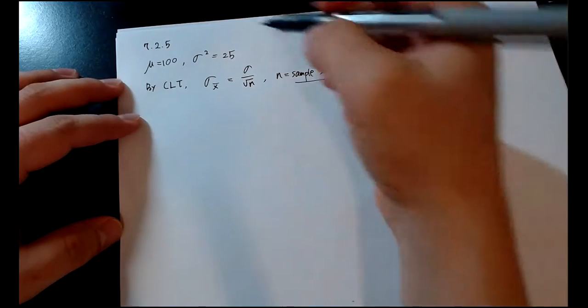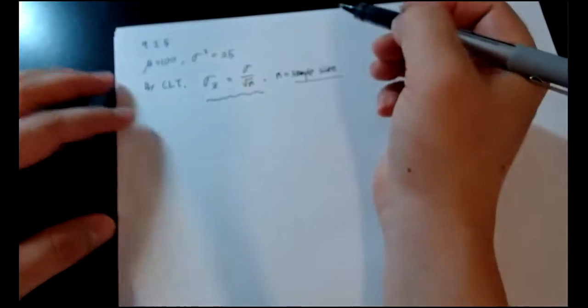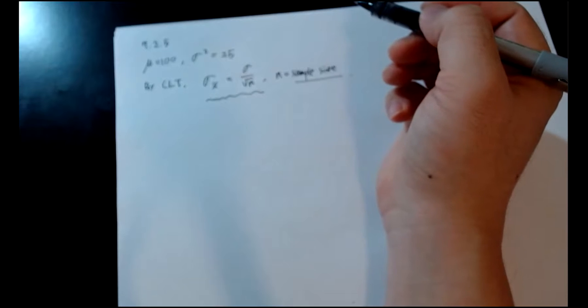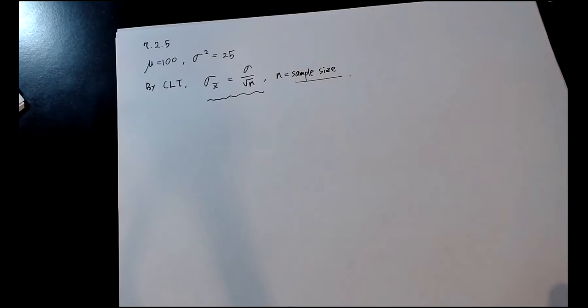Give me a second, let me change, it's so blurry. In this problem, the question is to find n, satisfying that the error of the sample mean is at most 1.5.